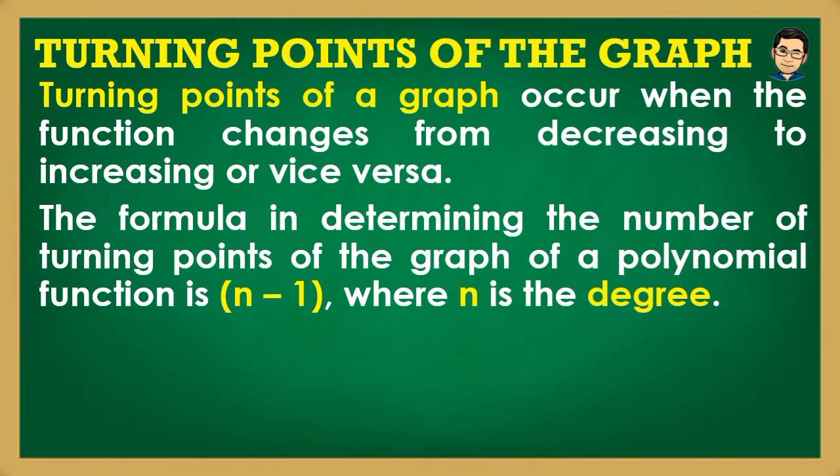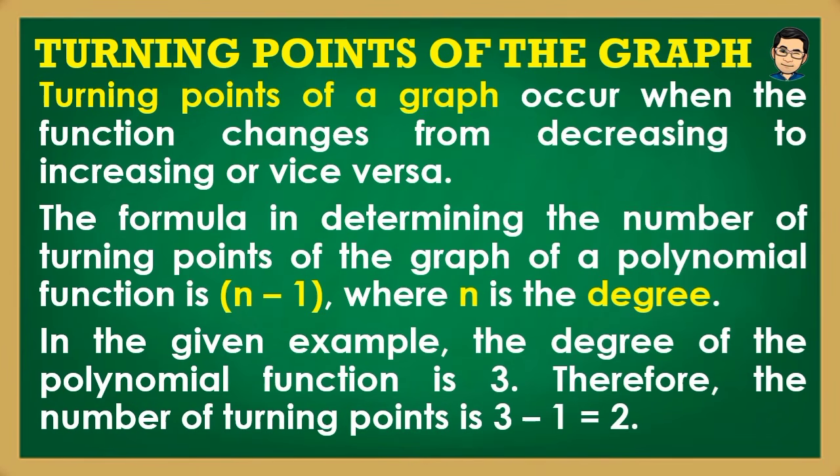Okay? In the given example, the degree of the polynomial function is 3. So, yung highest degree po ng function natin is 3. Therefore, the number of turning points is 3 minus 1 is equal to 2. As you can see kanina, dalawang beses nag-turn yung ating graph. That is why, tama nga na sagot natin dito is 2.